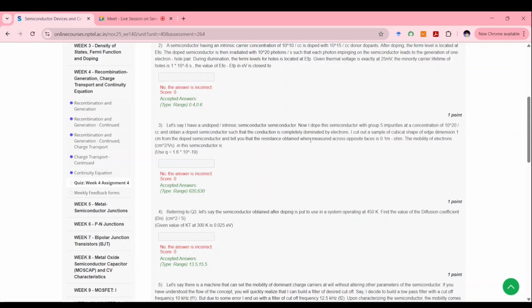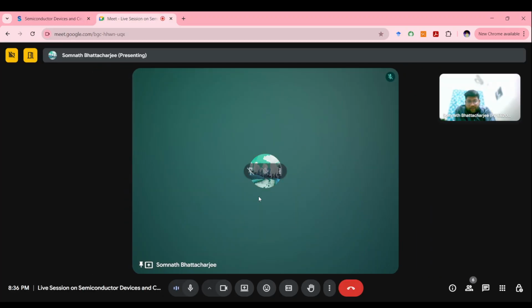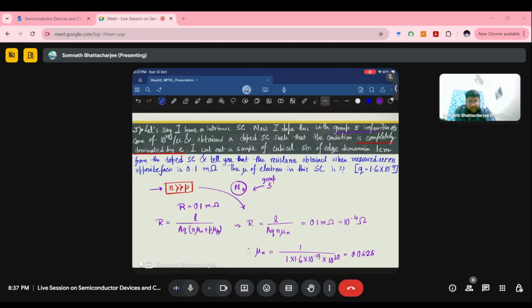I'm not sure where is the problem. 1 by 16, let me. So have you guys got the value? I may have mistaken somewhere because from the question it looks like the answer should be like this.